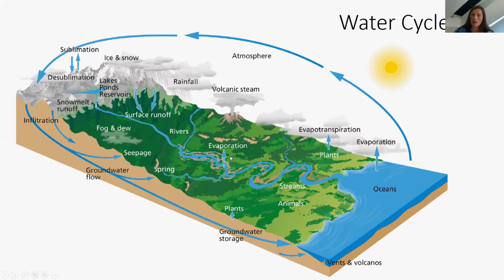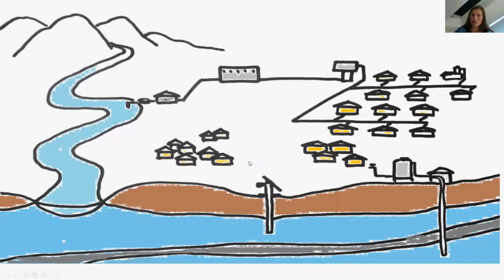So if you think now of how this water cycle relates to water supply systems, let's take a look at this graph and think of the standard centralized water treatment system, which we'll find in many places. So usually there will be a water source. Let's say a surface water source is available. There should be some kind of system where the water is being taken.